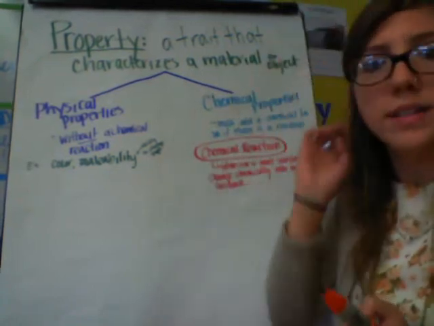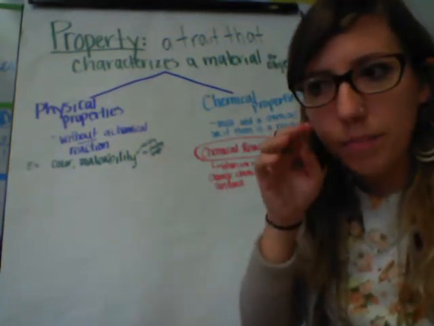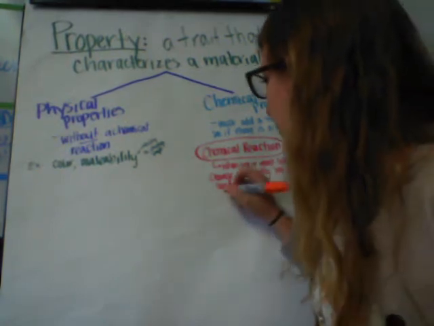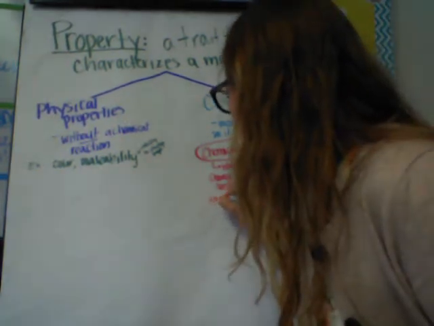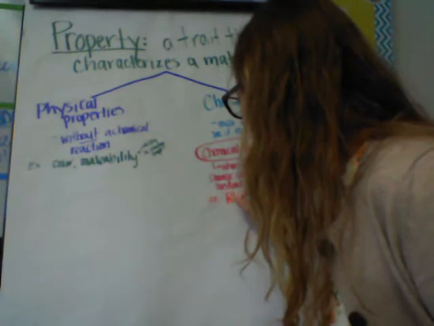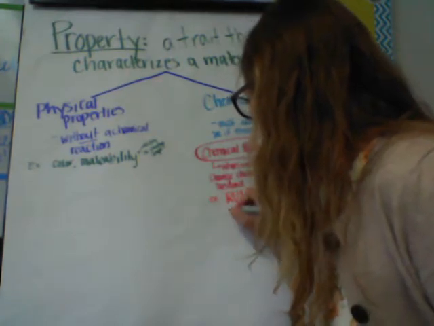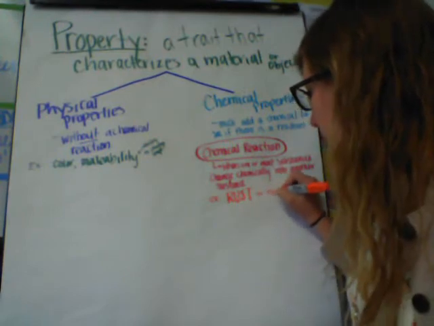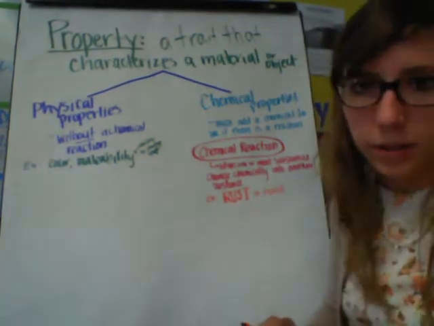And so rust is actually a different chemical composition than the rest of the metal. So rust is going to be a really good example.